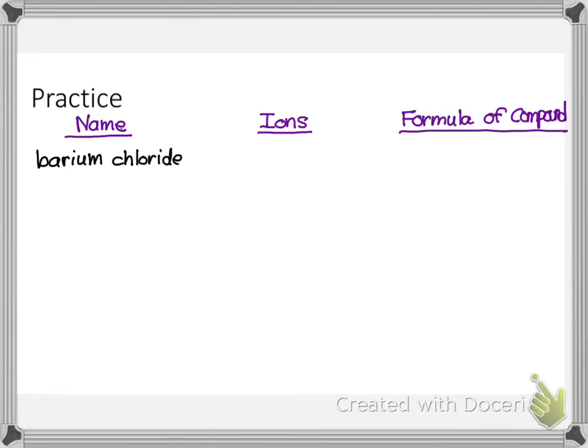So if you look on the periodic table, barium is in group 2A, the alkaline earth metals, so it is a 2+. Chloride ions, remember in the names, the chlorine is the element, but the anions use the -ide.